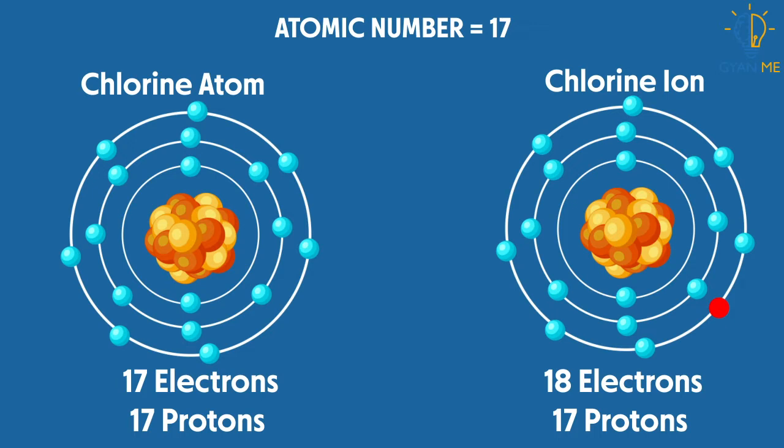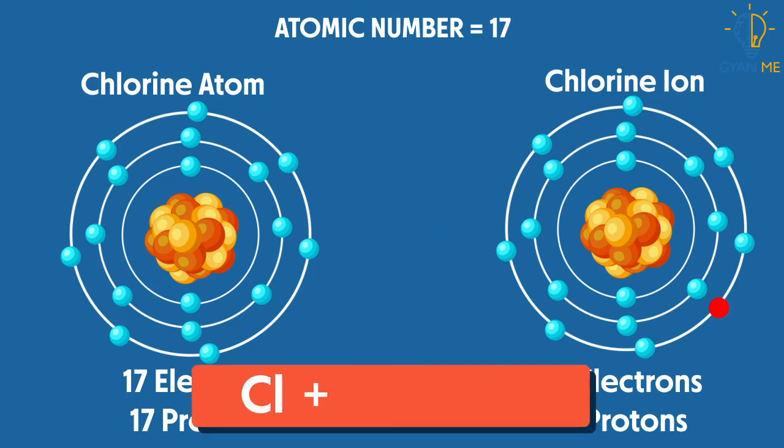Since the number of electrons is 1 more than the number of protons, chlorine atom gets a negative charge on it. This gives us a chloride anion, that is Cl- ion. This can be written as chlorine accepts 1 electron and becomes chloride ion.